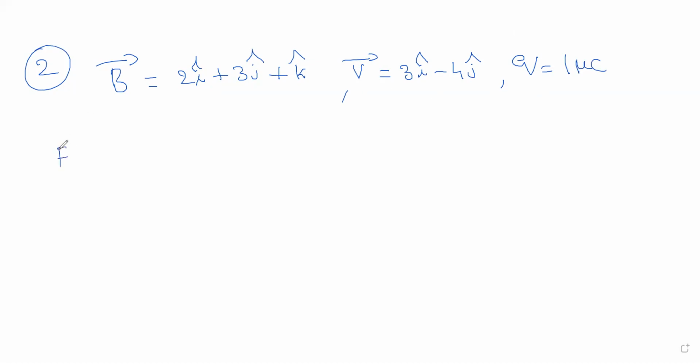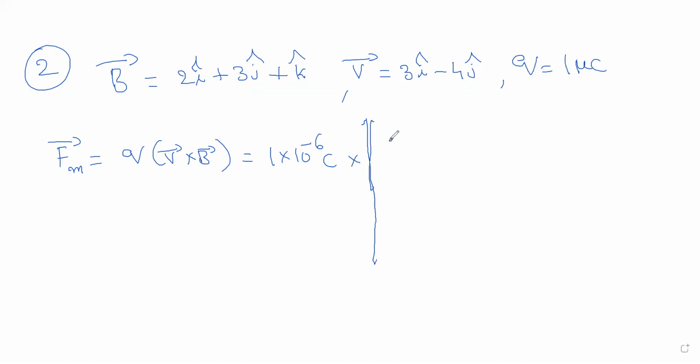So the force F_M bar is given by Q into V bar cross B bar. Q is 1 microcoulomb, that is 1 into 10 to the power of minus 6 coulombs, into V bar cross B bar. The cross product you have to find. For that, you use I cap, J cap, K cap. This is how you solve the determinant. So 3, minus 4, the K part is 0, and 2, 3, 1. This is the other model you can see in the examinations.